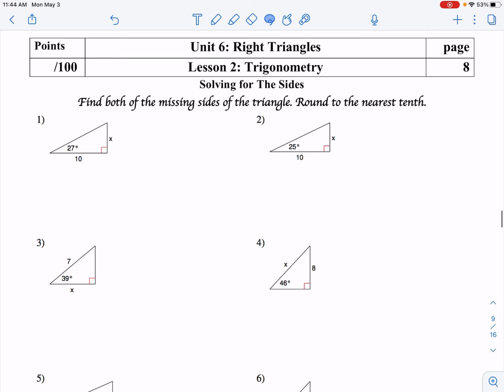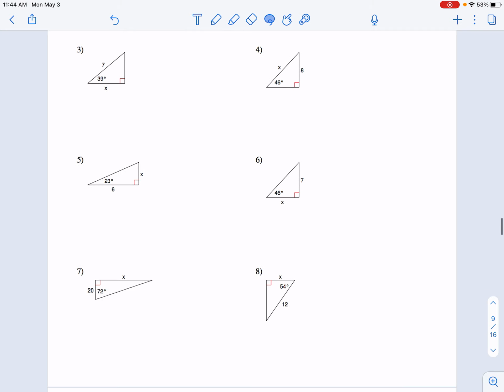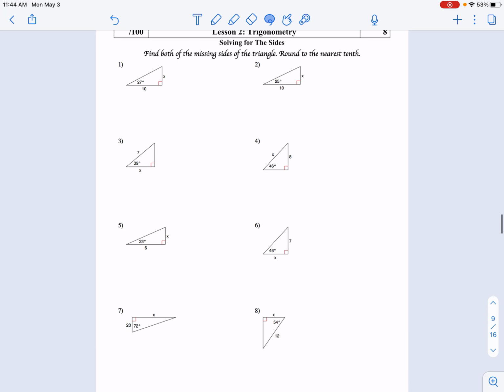So what I want y'all to do before we actually start solving these things is go through and write down what we're going to be solving for. Are we going to be solving for an adjacent side, or an opposite side, or a hypotenuse?